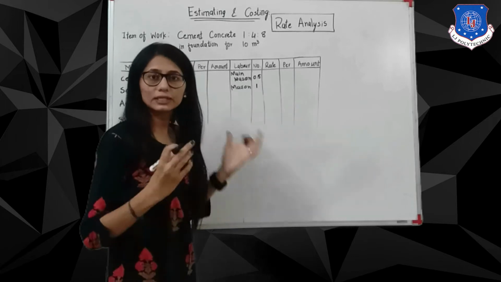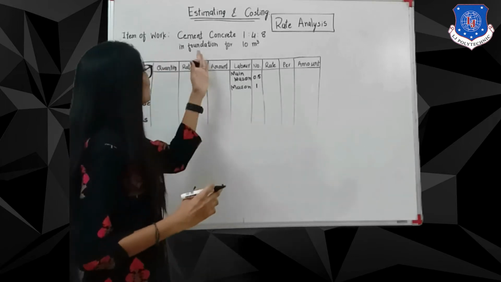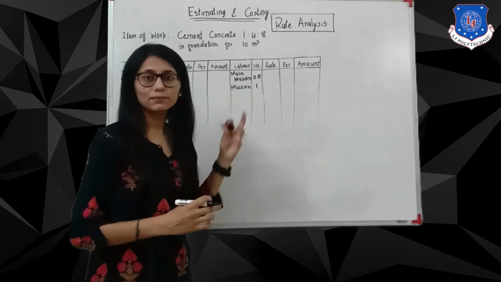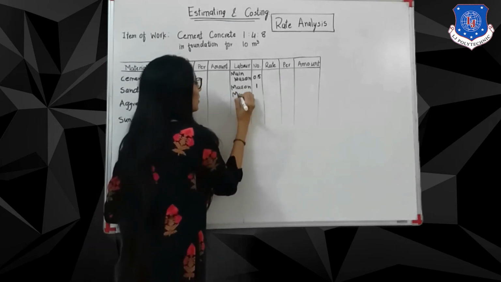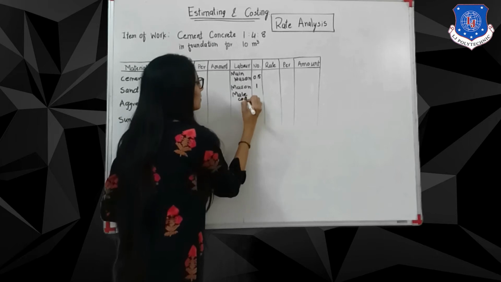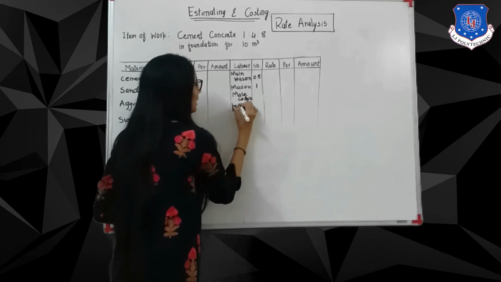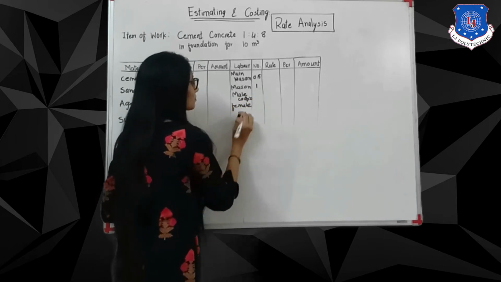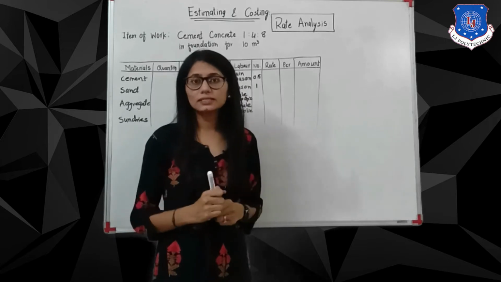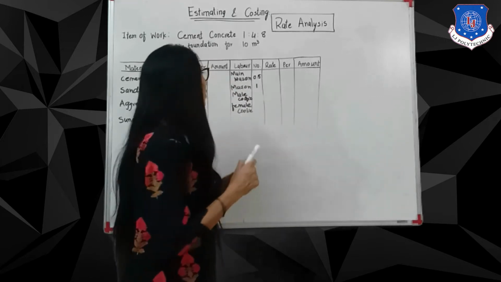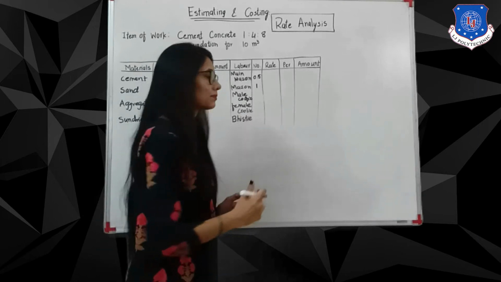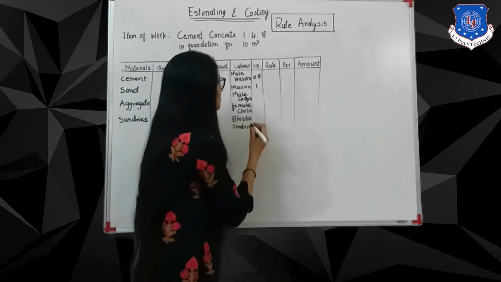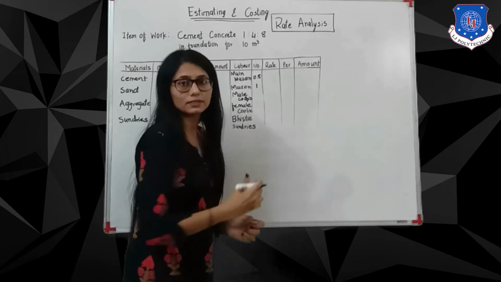Next we require the coolies to transport the materials or to construct the mortar. We require two types of coolies, the male coolie and the female coolie. Also we require bhistis for the water work of the material. Next we are going to add sundries, the additional expenses to labors.